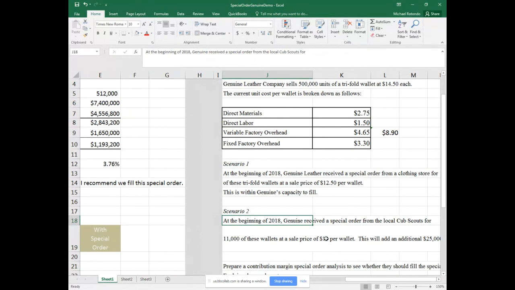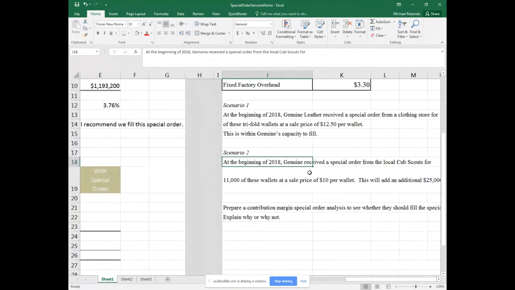But what if we have a situation where we have a Cub Scout troop or a Little League troop or some community organization? So for example here, for scenario 2, we got a special order for the Cub Scouts for 11,000 wallets at a price of $10 per wallet.